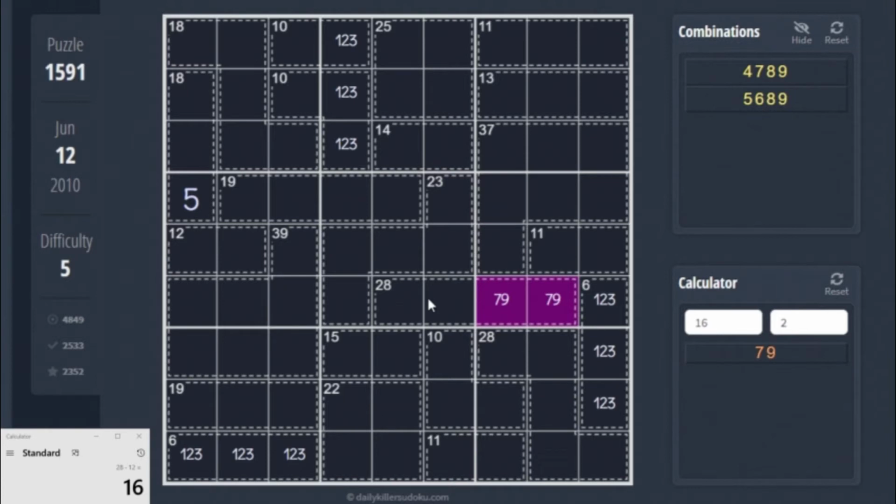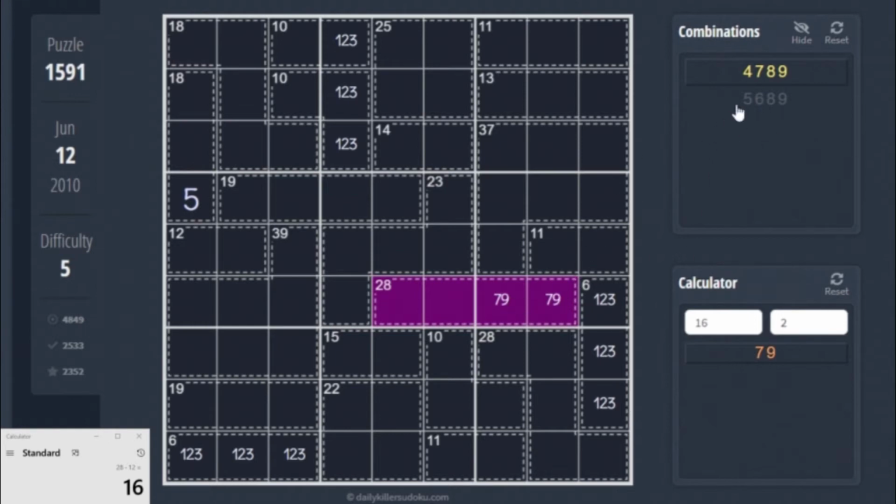Right, so now we know that these two cells are 7 and 9, and then the whole cage is 28. If we check the combination up here, the combination that includes 7 and 9 is only this candidate, so we can get rid of the other combinations.